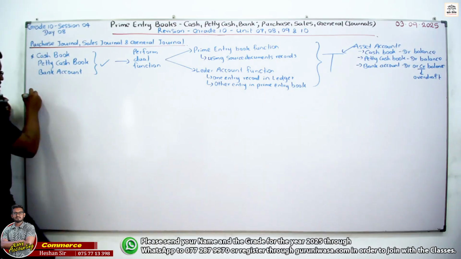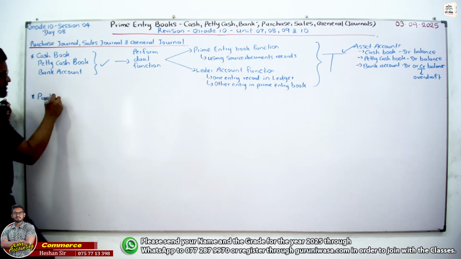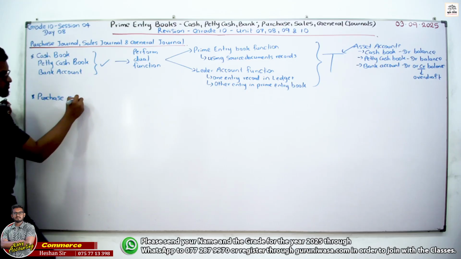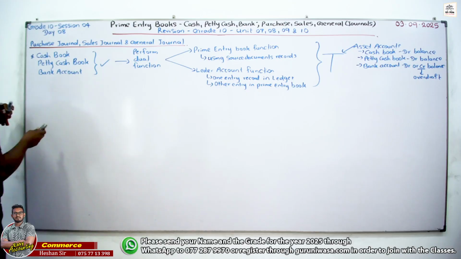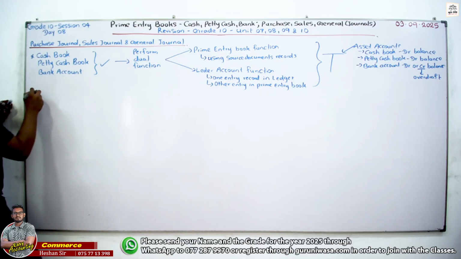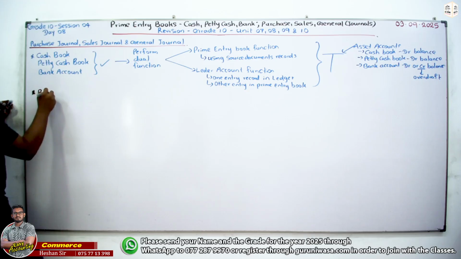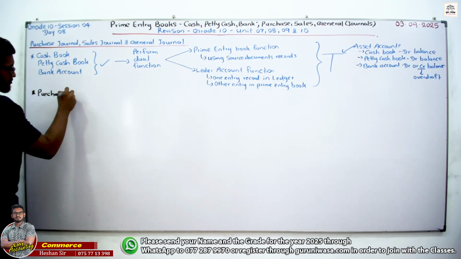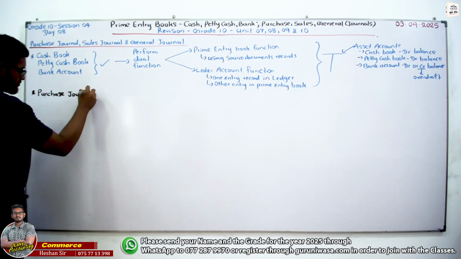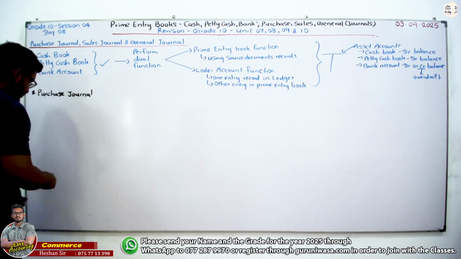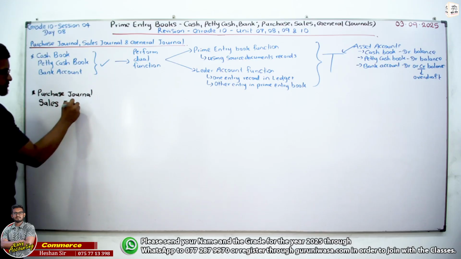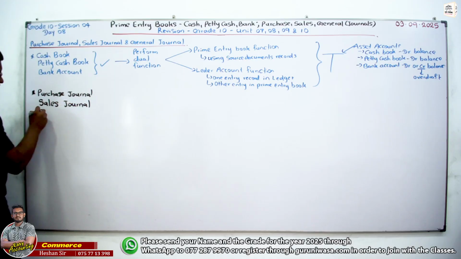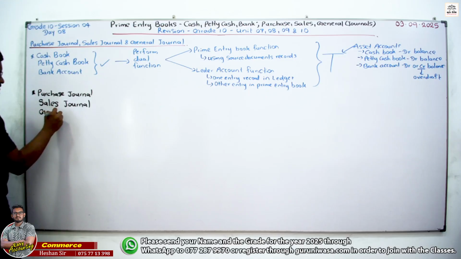Now today I'm going to start the other three. Your next three are purchase journal, sales journal, and general journal.